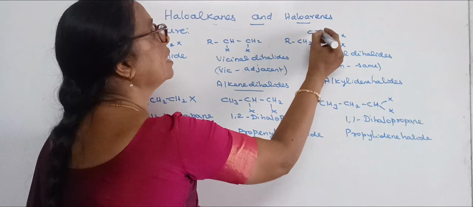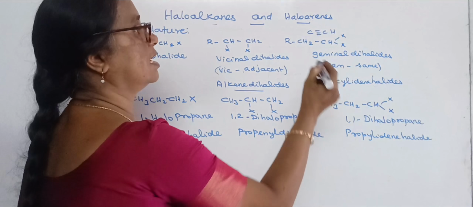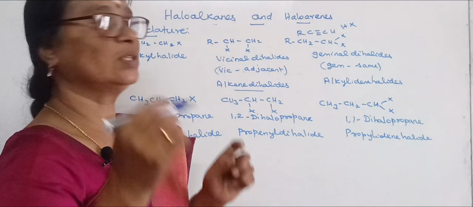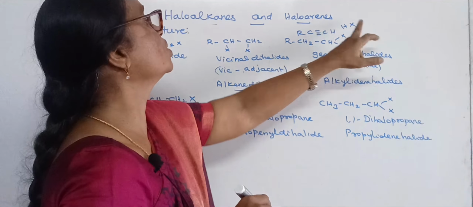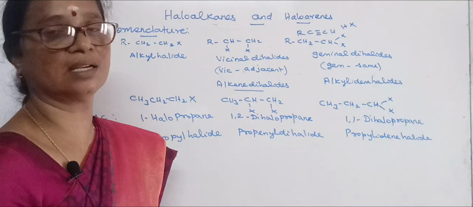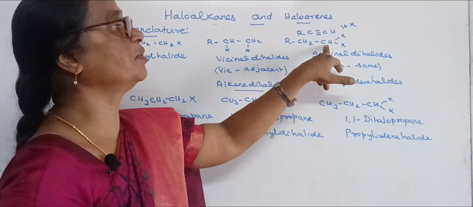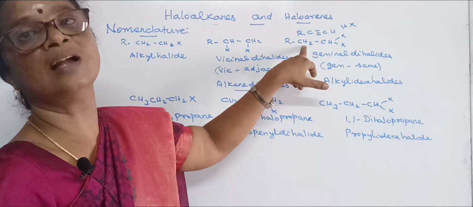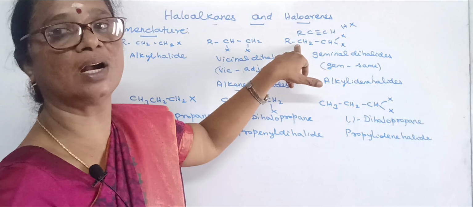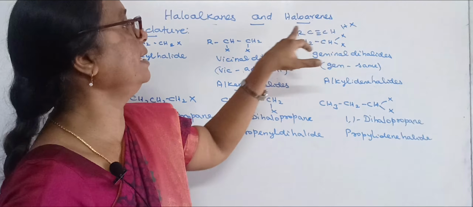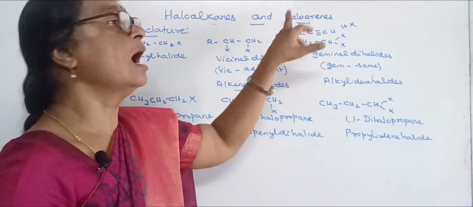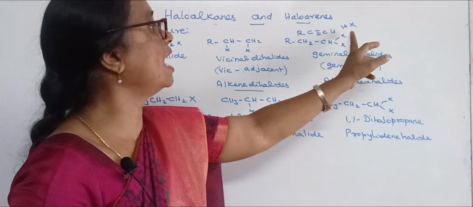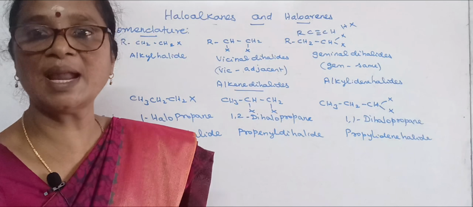So if I have C triple bond CH system to which I should add a hydrogen halide, the halogen goes to the carbon with CH, where both halogens are on the same carbon and the alkyl group carrying carbon gets hydrogen. So this follows anti-Markovnikov rule. So following anti-Markovnikov rule in the alkyne, we will get the compound having both the halogens on the same carbon.